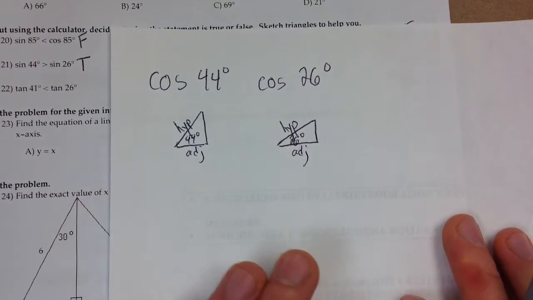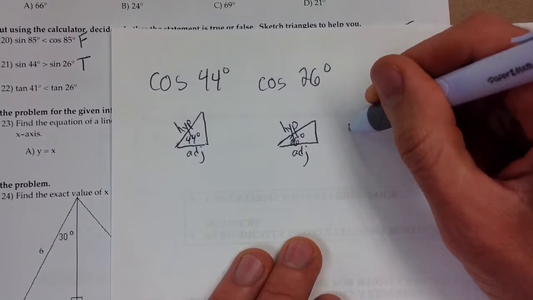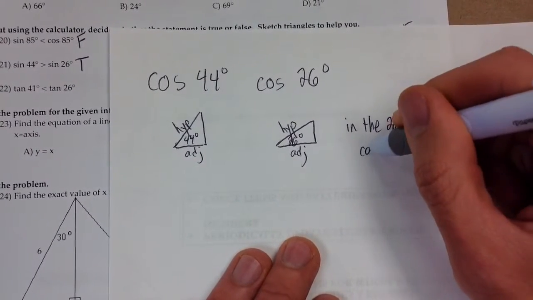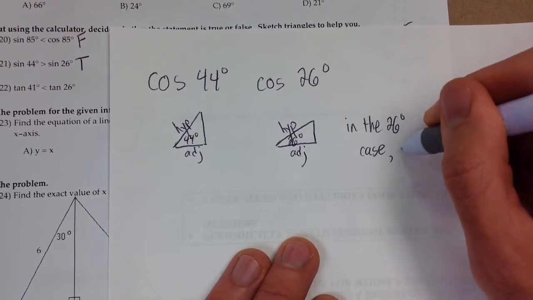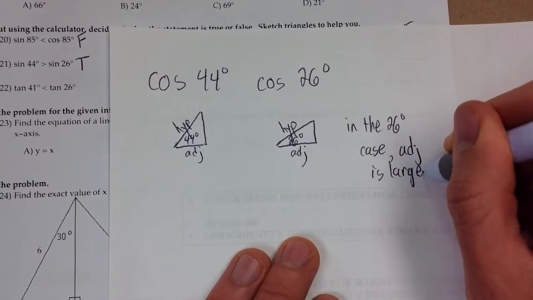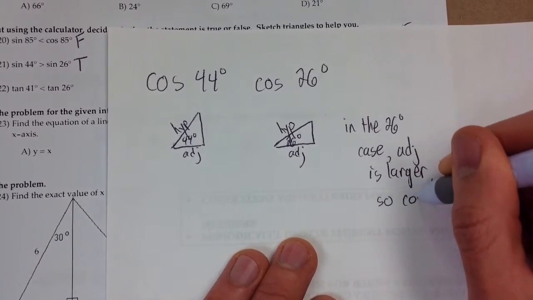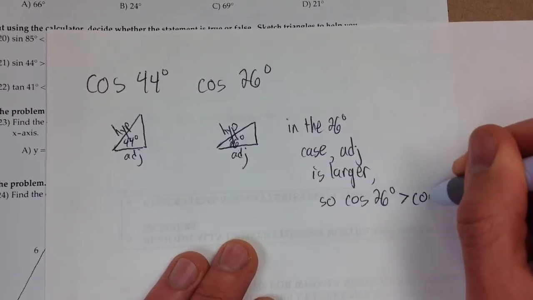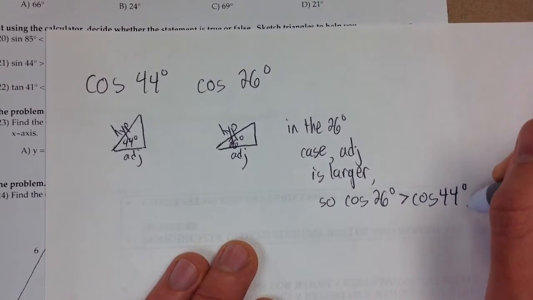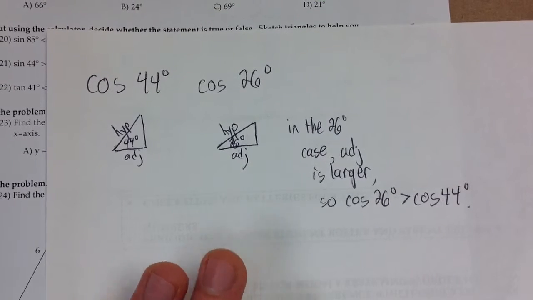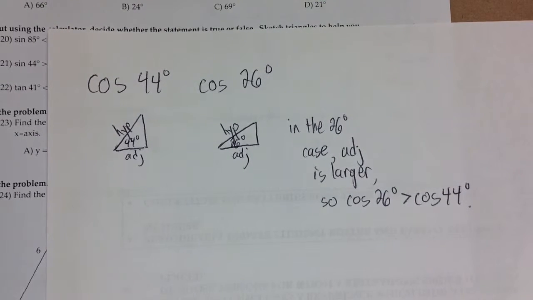Anyone? Yeah. In the 26 degree case, adjacent is larger. So the cosine of 26 degrees is larger than the cosine of 44 degrees. Okay, so that's a case where it violates the rule that you, I think, were proposing.